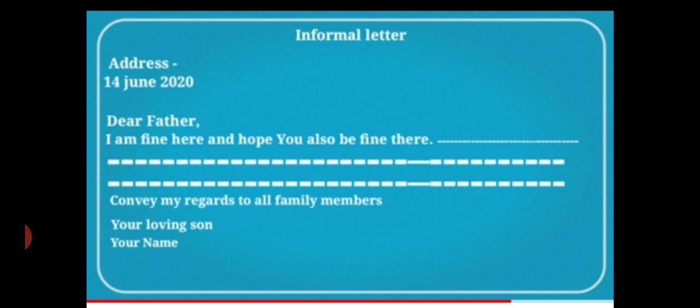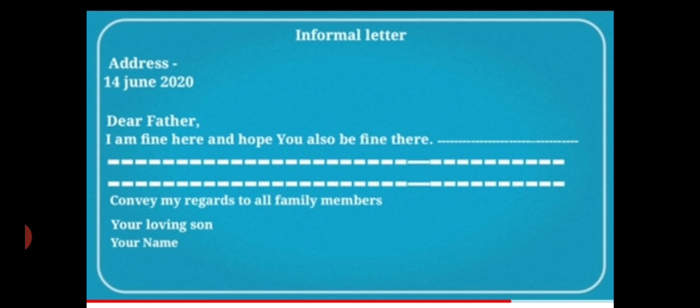Then what you have to keep in mind, you have to put this line: I am fine here and hope you are also fine there. This is regularly used, and you have to write this. So you can start your letter in a very good way. I am fine here and hope you are also fine there.